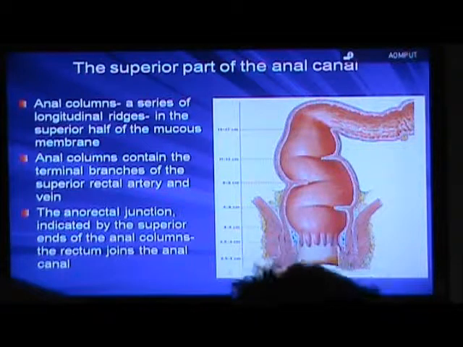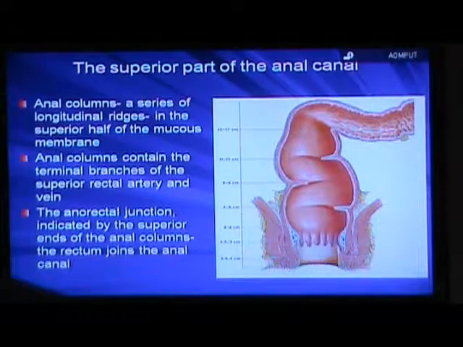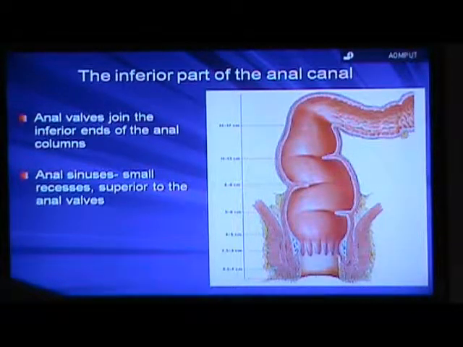The anorectal junction is indicated by the superior ends of the anal columns, so the rectum joins the anal canal. Anal valves join the inferior ends of the anal columns, and the anal sinuses are small recesses superior to the anal valves.